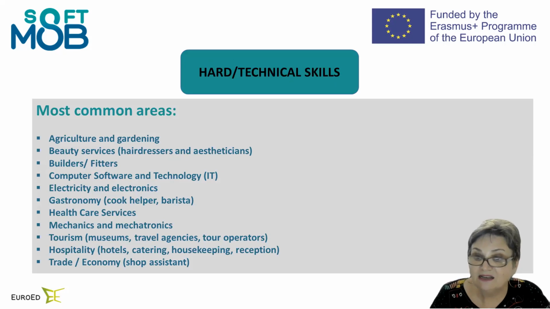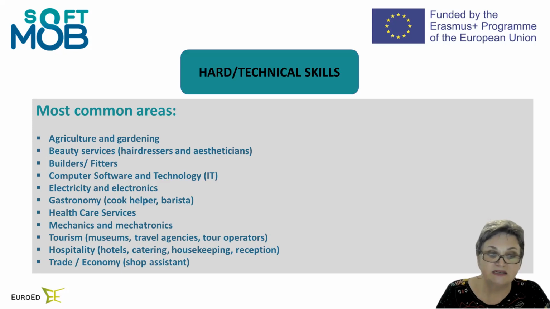Hard and technical skills are easily measured because of their structure, because of their nature. Participants must exhibit enough preparation and willingness to learn and use the particular technical skills they will acquire throughout the training at the training center.